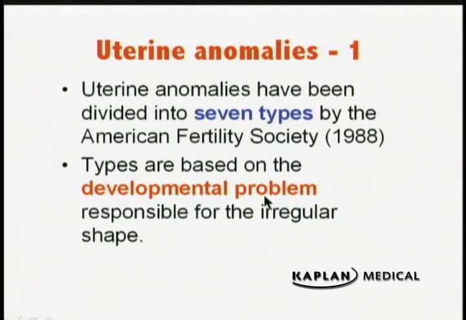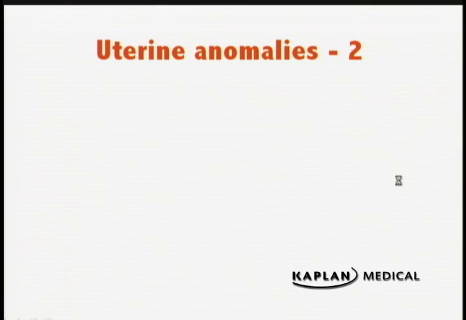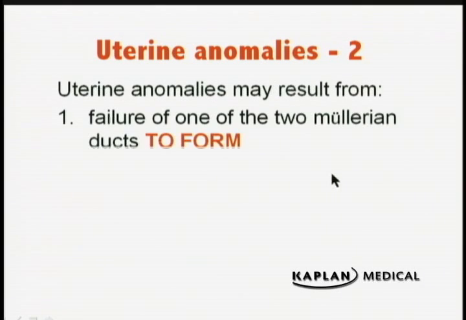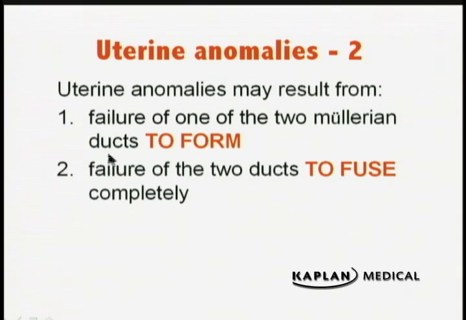The types are based on the developmental problem responsible for the irregular shape of the uterus, and there are 3 developmental problems. The first one is failure of one of the 2 Müllerian ducts to form, in which case you have agenesis. 2 is failure of fusion of the ducts, so they don't fuse completely.